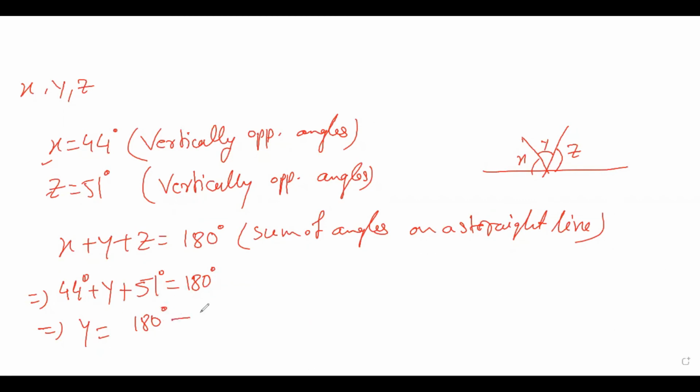So it will be 180 degree minus 95 degree, or Y equal to 180 degree minus 95 is 85 degree. So we have got the value of X as 44 degree, Y as 85 degree, and Z as 51 degree.